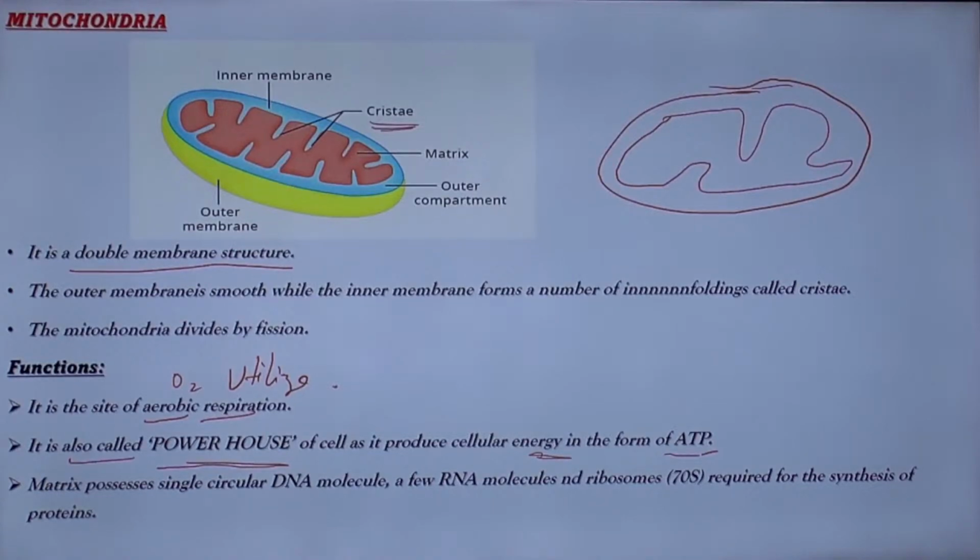So here we are seeing about the matrix. The inner membrane has numerous infoldings, and inside the inner membrane, what is there? The matrix is there. So what does the matrix do? Here we see the matrix possesses a single circular DNA molecule.